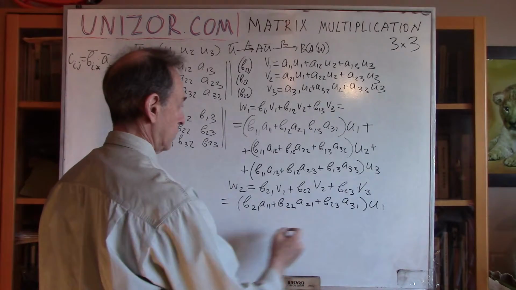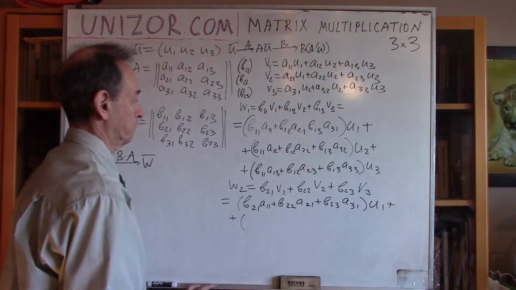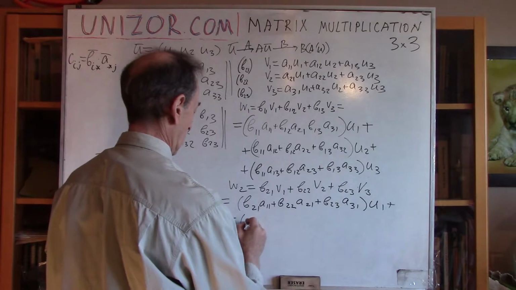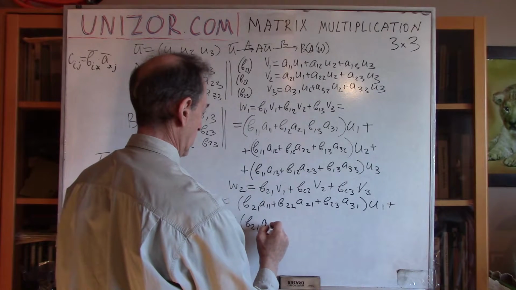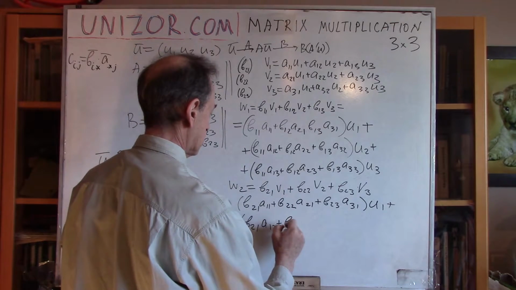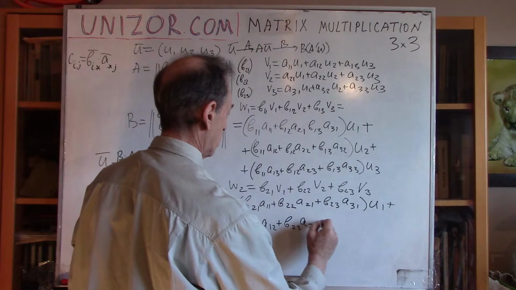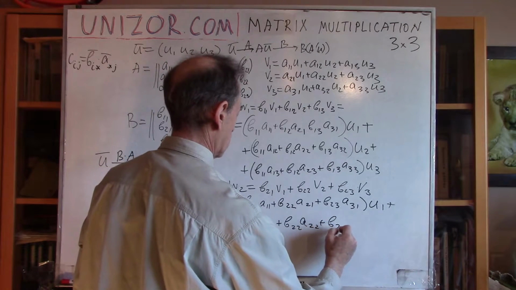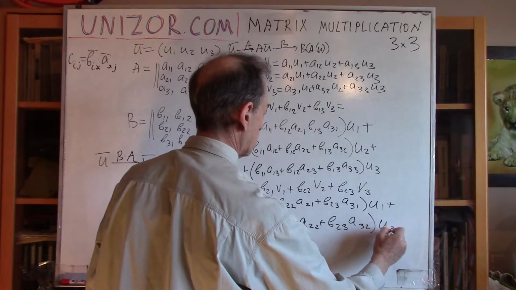That's U1 plus B21 A12 plus B22 A22 plus B23 A32. That would be U2.